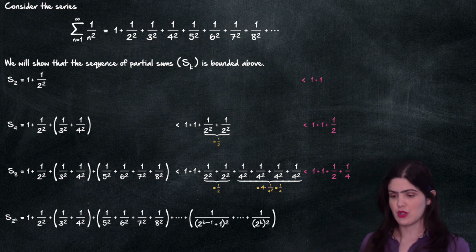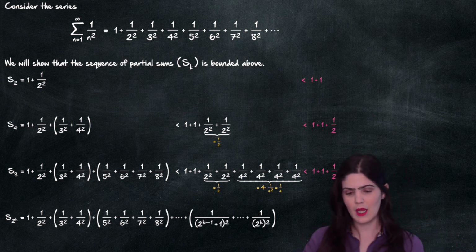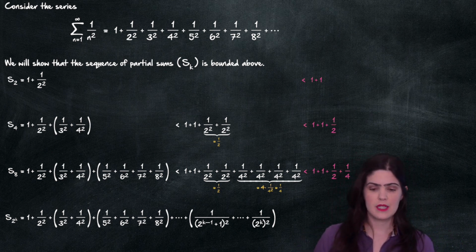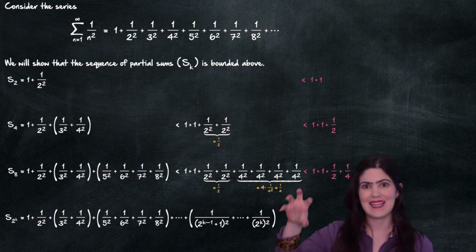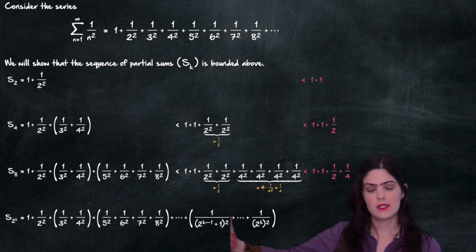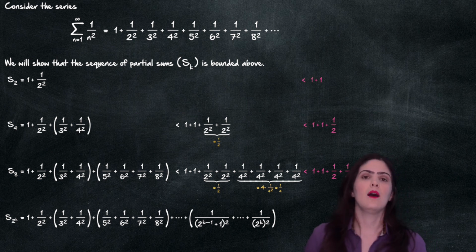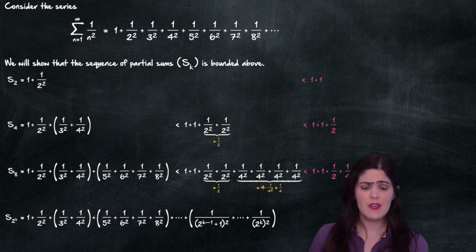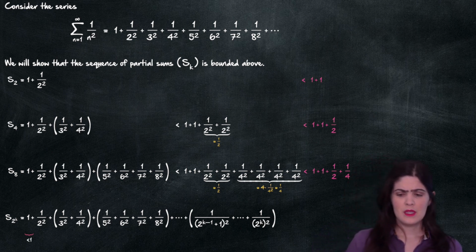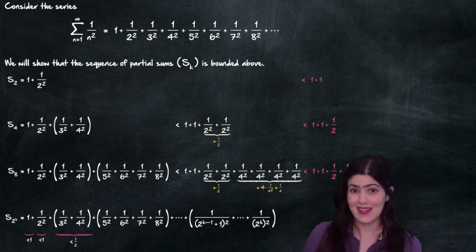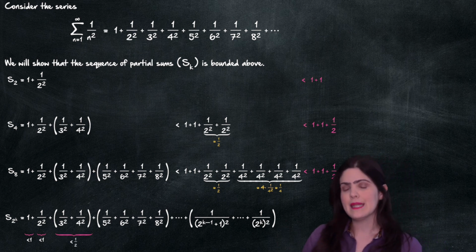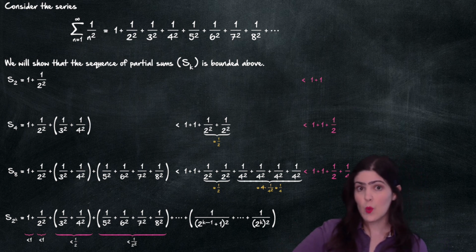And if I continue this process, I'm going to be grouping things in a clever way. I first take 2, then the next 2, then the next 4, then the next 8, then the next 16, and so on. So if I take the S2 to the k partial sum, I have this. The first term is less than 1, the next term is less than 1. The first parenthesis is less than 1/2, we already saw it. The next one is less than 1 over 2 squared.